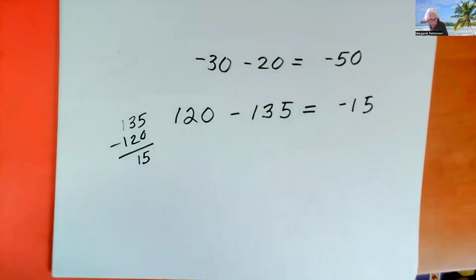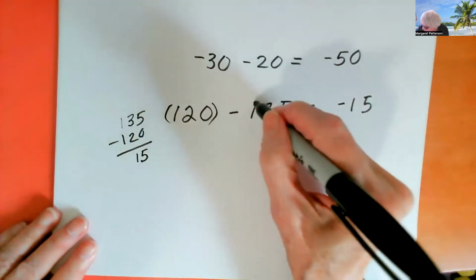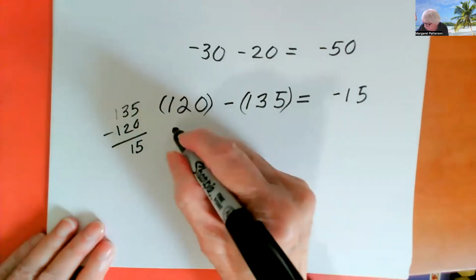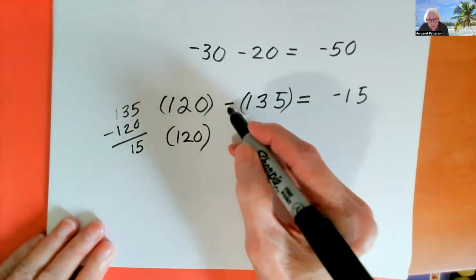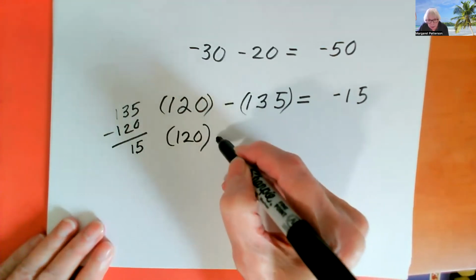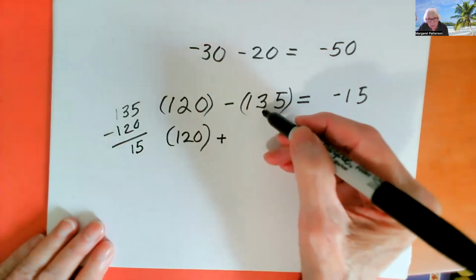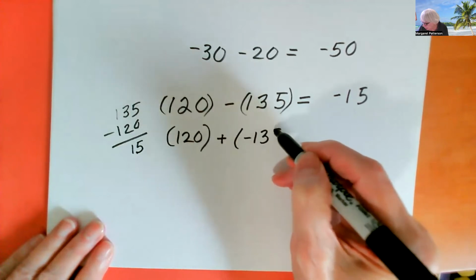Now, if that doesn't suit you, you can do it along this line. The first number is copied, 120. The subtract is changed to addition. And this second number is a positive number. The opposite is negative.